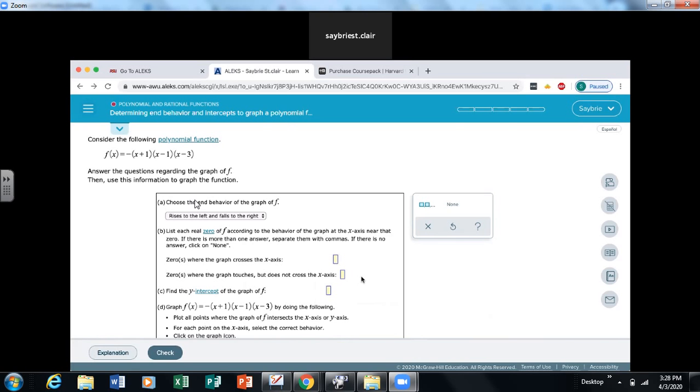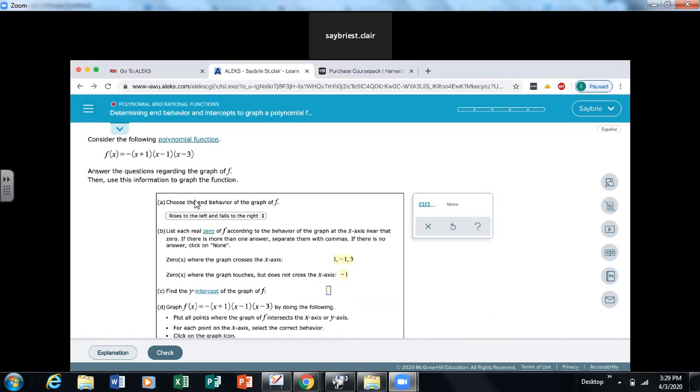So I would say 1, -1, and 3. And now I'm not sure how to find that one spot where it doesn't. That would probably be the far left spot, so that would be -1.